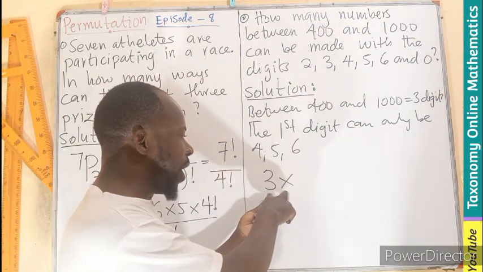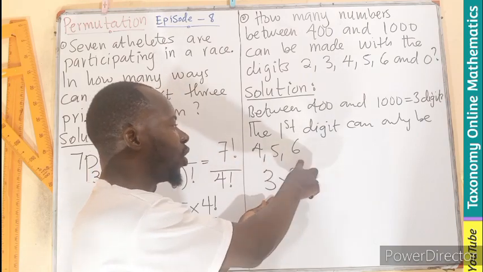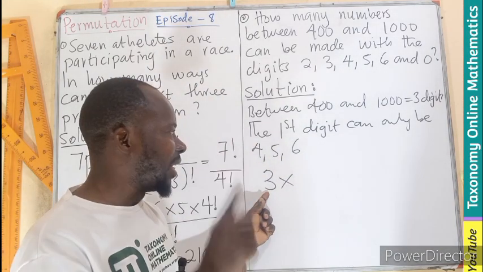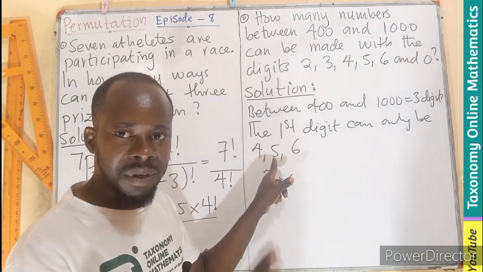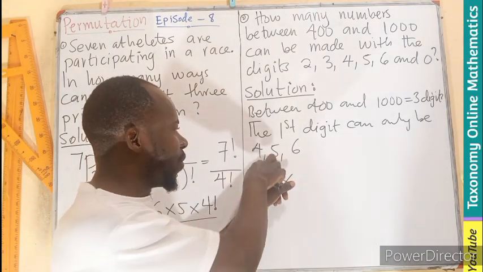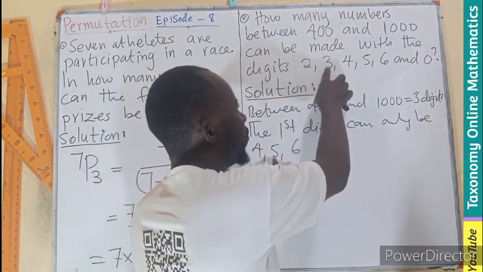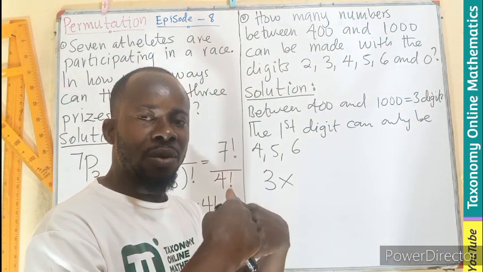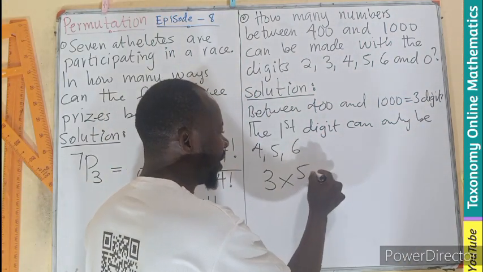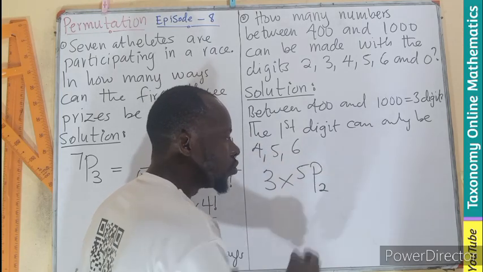Even though there are 3 ways to select the first digit, not all 3 of them will be placed here. So imagine the first digit in this number is going to be 5. If it is 5, I'll be left with 1, 2, 3, 4, 5. There are 5 digits again to select from. So I have 5 digits selecting only what? 2.